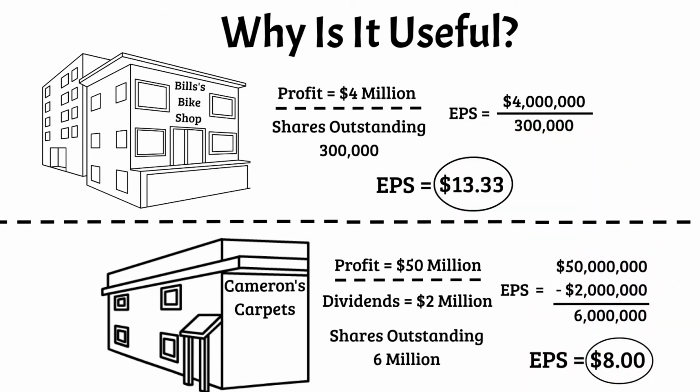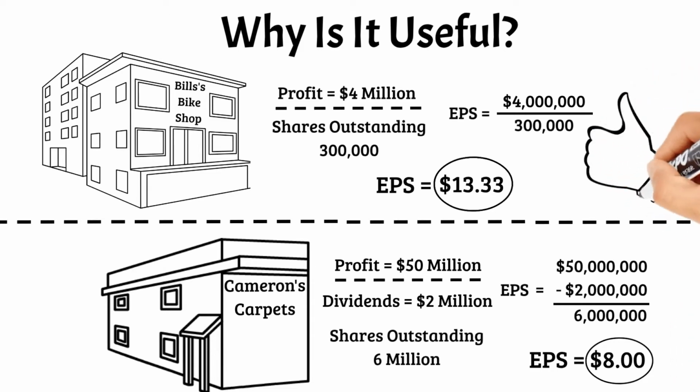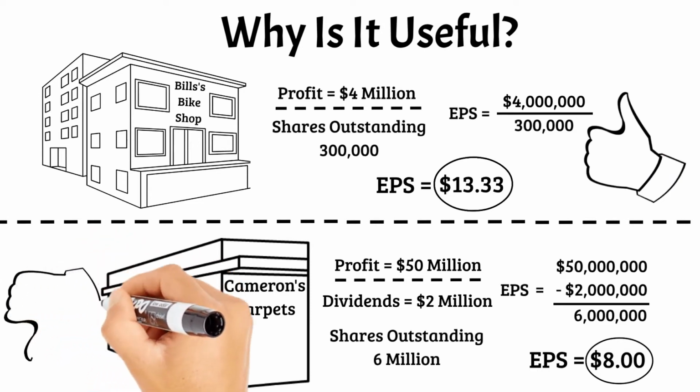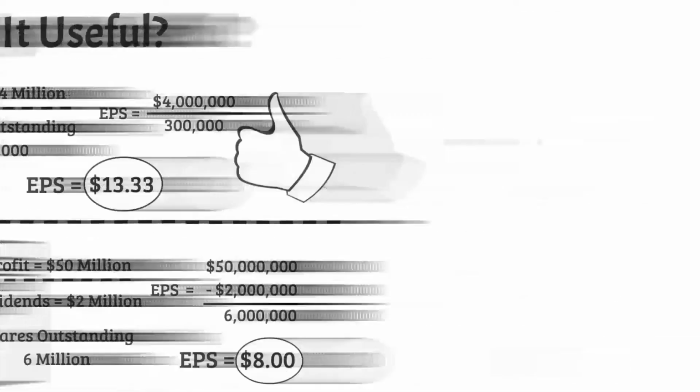What this is telling us is that when you account for the number of shares that exist in the companies, Bill's Bike Shop generates more profit per share than Cameron's Carpets. So if you were to make a $1,000 investment in Bill's Bike Shop, that $1,000 investment would give you the rights to more profits than if you were to make the same $1,000 investment in Cameron's Carpets.